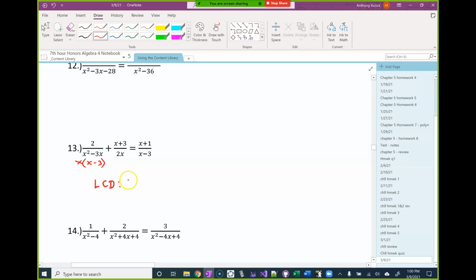And if I look at each fraction, none of those factors occur more than one time in any fraction. So that's my least common denominator. I don't need more than one of any of those factors. Is that okay? What would you do if it was one? Well, if this was that, then I would have x minus 3 squared. I just need more of them.